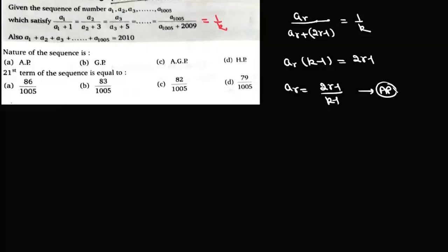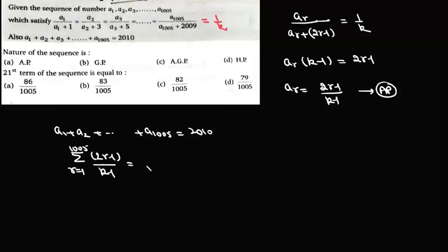Now if we look at this sum, which is A1 plus A2 plus A1005, and this is 2010. So it is summation 2R minus 1, where R varies from 1 to 1005, upon k minus 1, and this is equal to 2010. Now the sum of first n odd natural numbers is equal to n square.